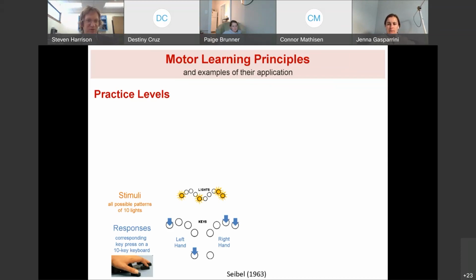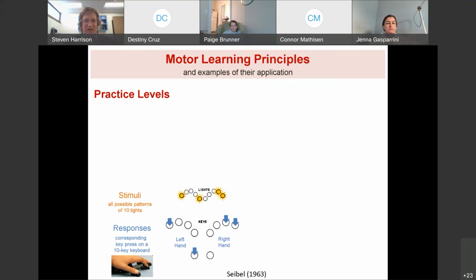So if you look in the bottom left corner of the screen, you can see a hand poised over 5 different buttons, where each finger and the thumb is balanced on top of a button. In this particular experiment, both your left hand and your right hand are poised in this particular way.